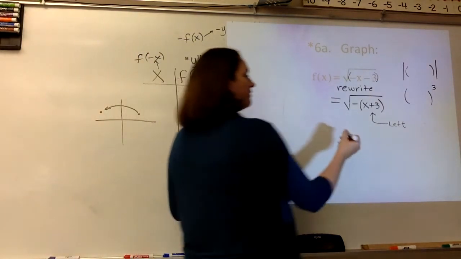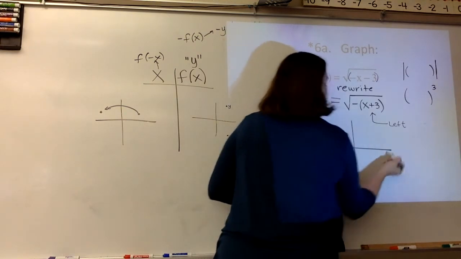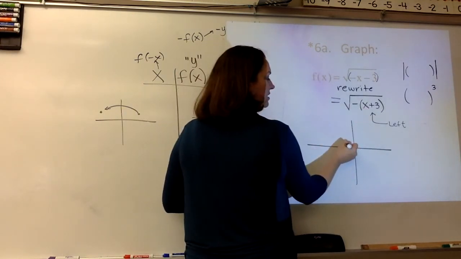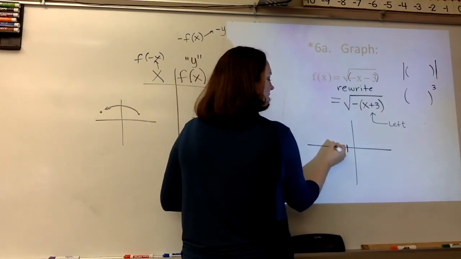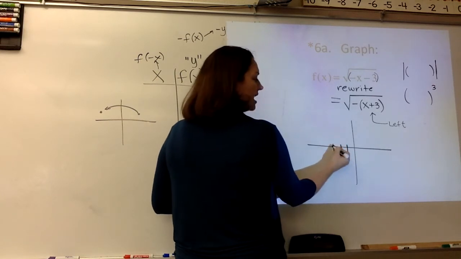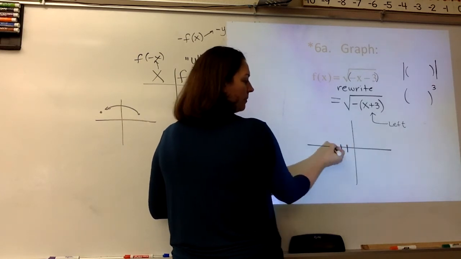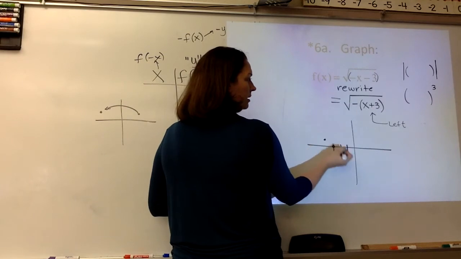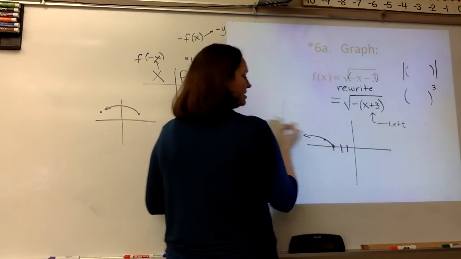So when I go to graph these two, I'm going to take my key point, I'm going to move it left 3, 1, 2, 3, which is here. Instead of going over 1, up 1, I'm going to go left 1, up 1, and come out this way.